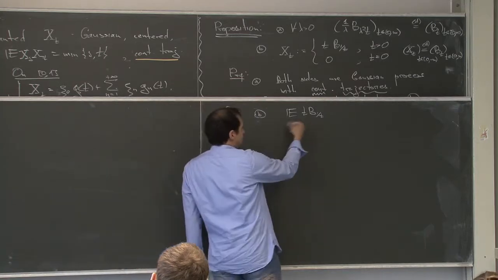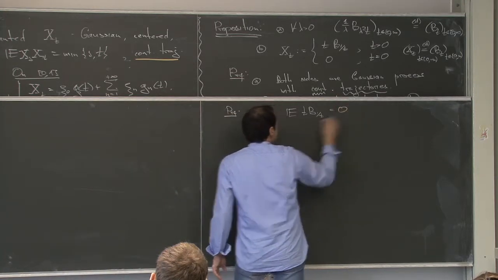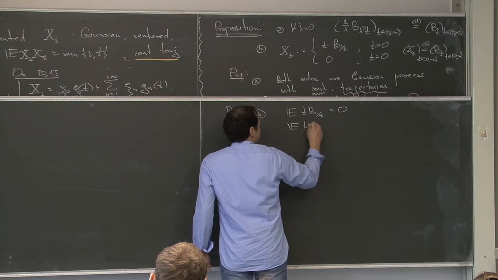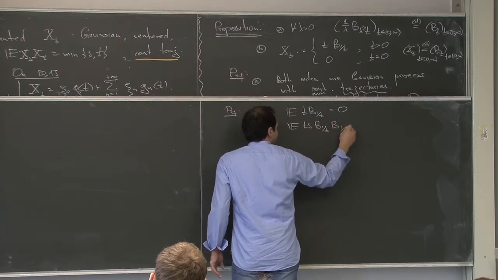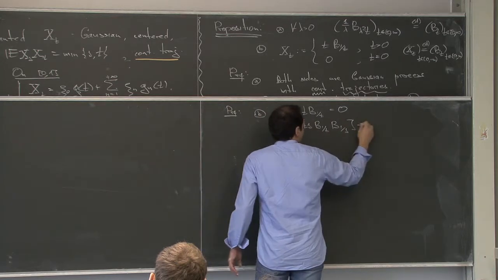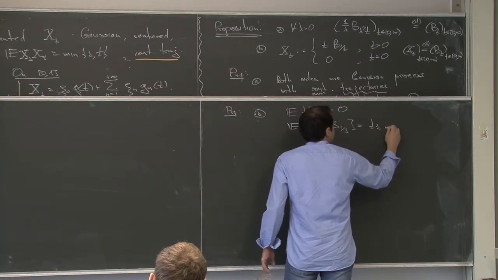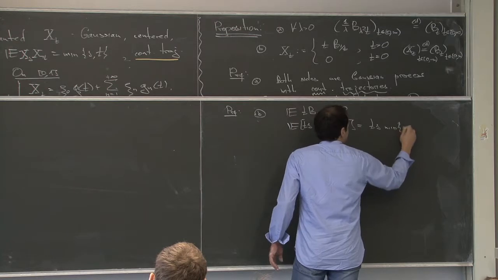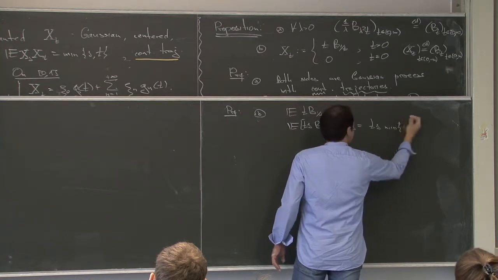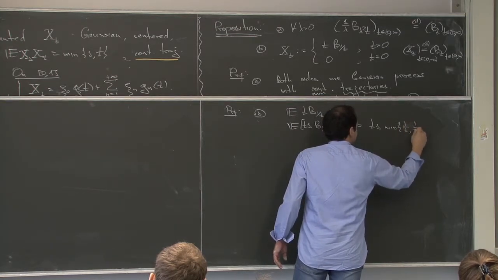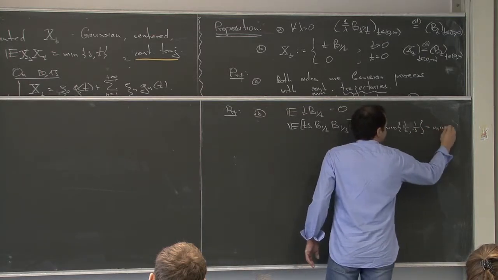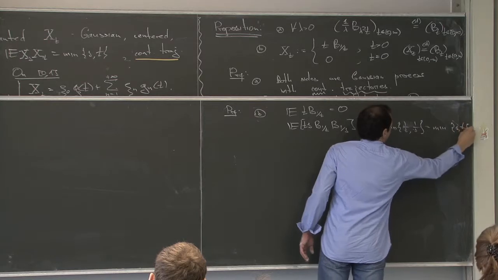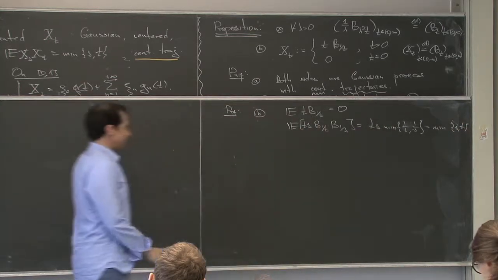So this expectation, of course, is 0. This covariance is of course what it should be: s t, meaning s∧t, 1 over t, 1 over s, which hopefully is just the minimum of s and t. Right.